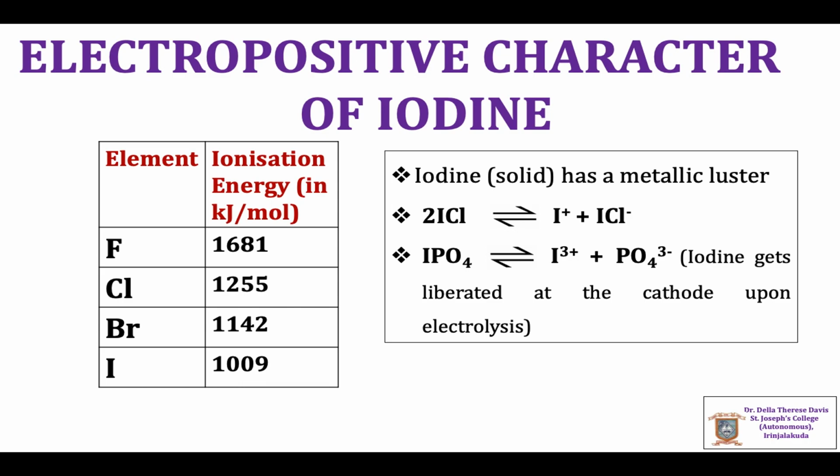Iodine phosphate ionizes as I3 plus and PO4 3 minus. These compounds of iodine conduct electricity in the molten state due to the formation of I plus and I3 plus, and upon electrolysis iodine gets liberated at the cathode.